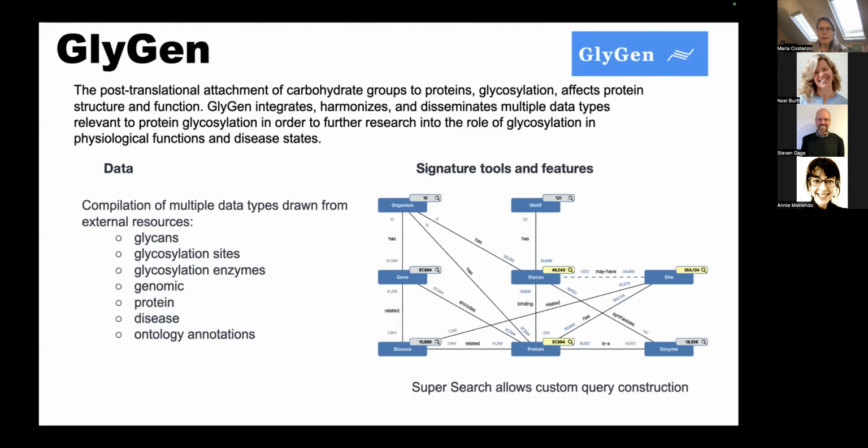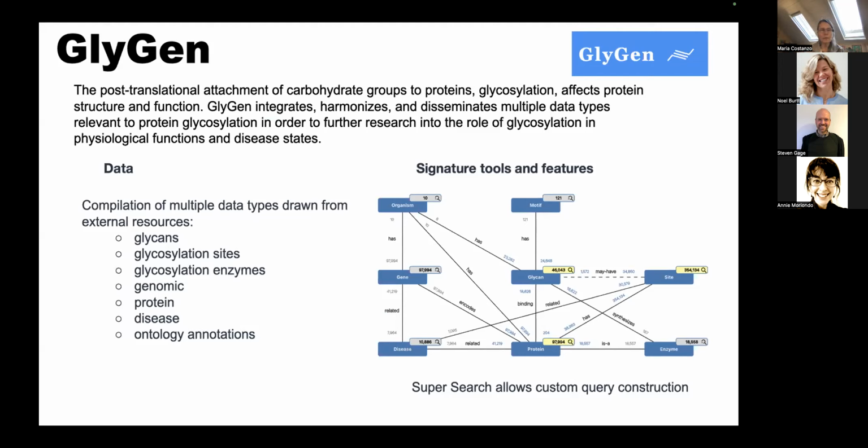Okay, Glygen is about glycosylation. Protein glycosylation is adding a carbohydrate moiety covalently to a protein, and there can be many different kinds of carbohydrates or glycans added to proteins, and this affects their structure and then, of course, their function, and it can have roles in health and disease as well.